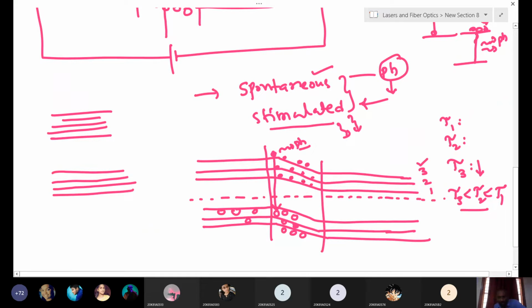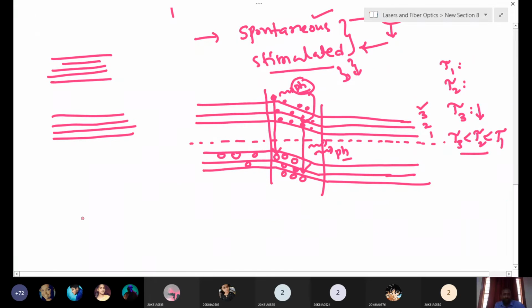But in the first energy level, the lifetime is higher, so electrons will stay for some time. These photons will trigger the remaining electrons in the lower energy states. Once these external photons forcefully send these electrons to the ground state, they jump to the valence band and the stimulated emission process takes place. Like that, stimulated photons will be emitted.